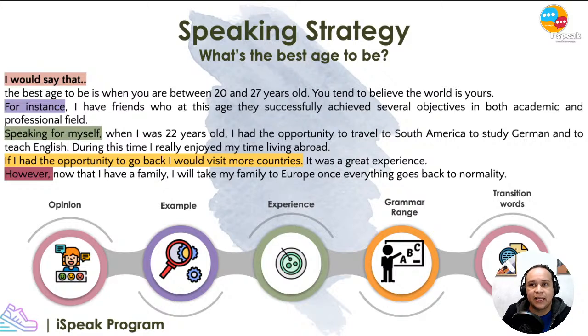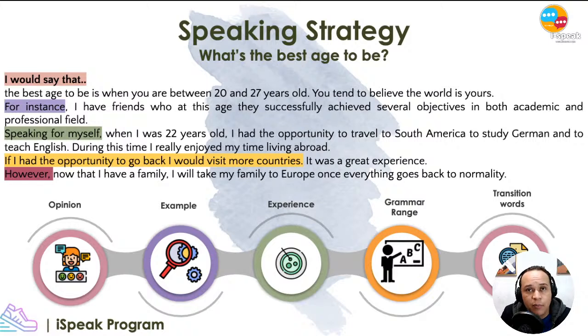So that's the thing. Whenever you have the opportunity to develop your speaking strategy, try to think about your opinion, try to think about an example, try to give an experience. Maybe this experience shouldn't be from you personally, it could be from a friend, a family member, a relative, or a person that you may know.